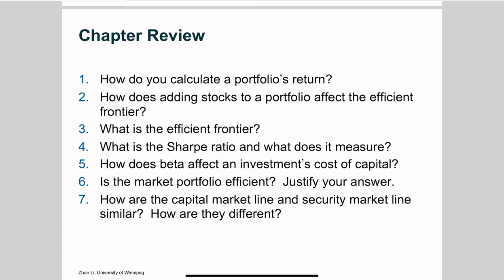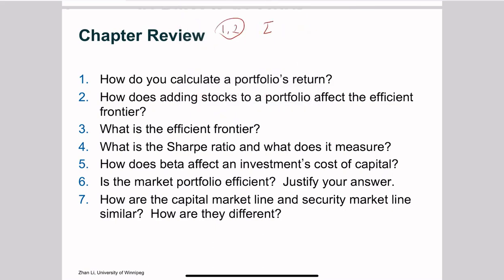So first, how do you calculate a portfolio's return? Well, the first step to answer this is you want to first find out portfolio weights, right? So let's say your portfolio has two stocks, stock 1 and stock 2.